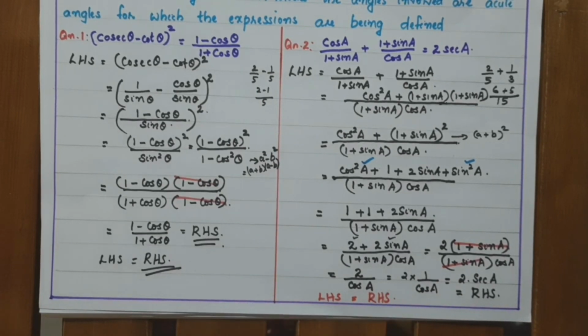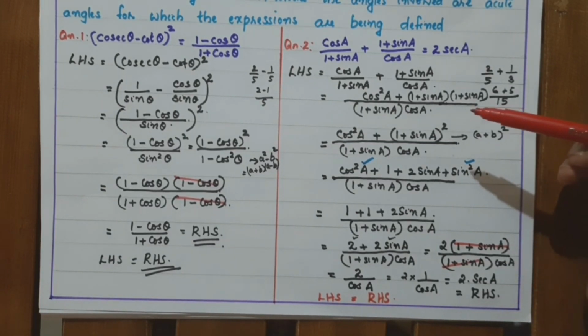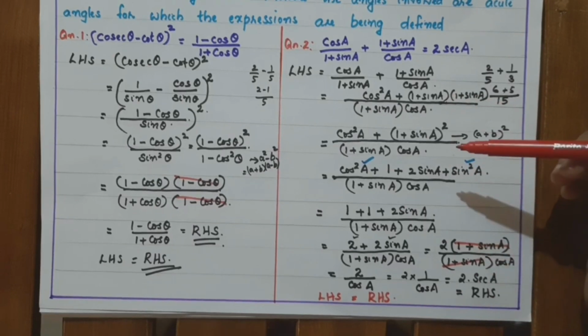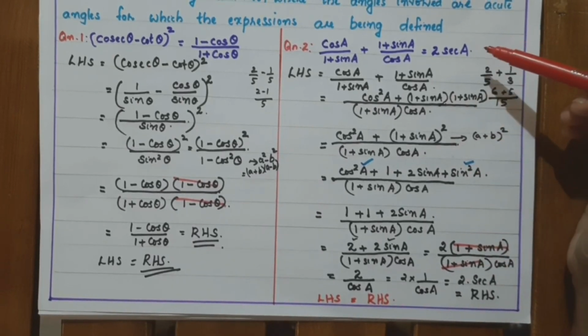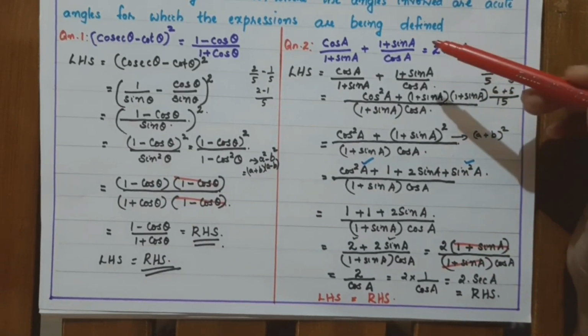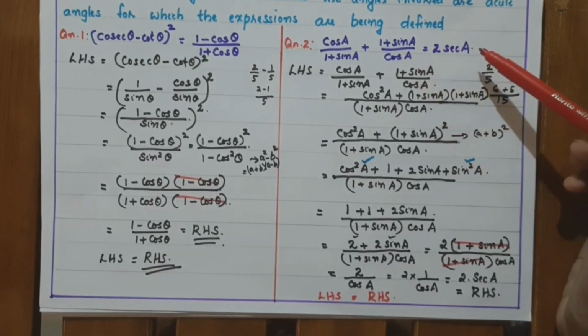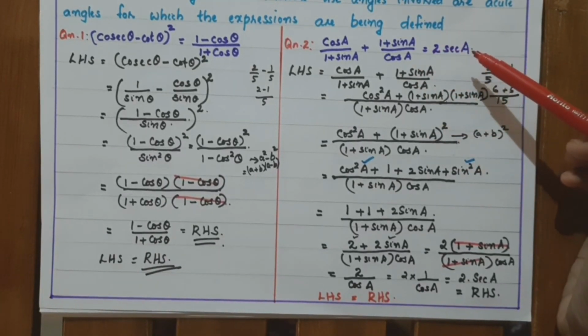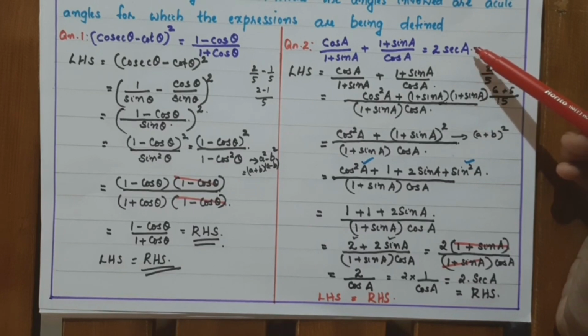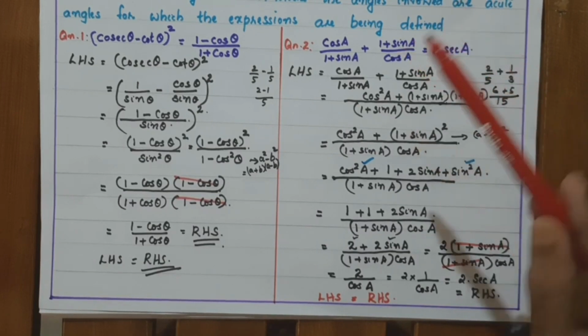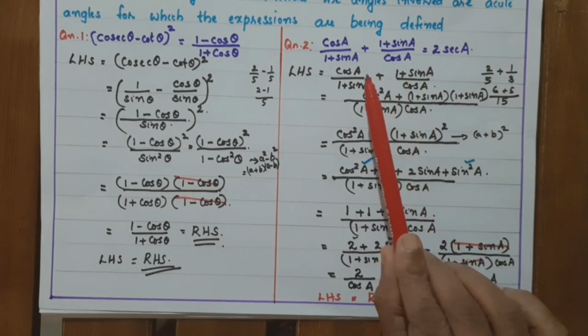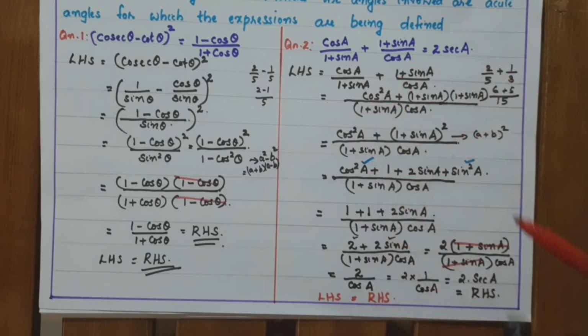Okay, children, like this we can prove any identities, but how to proceed, that you have to decide according to the RHS. If you are starting with the LHS, you should reach the RHS, and if you are starting with the RHS, you have to check what is given in the LHS and proceed according to that.